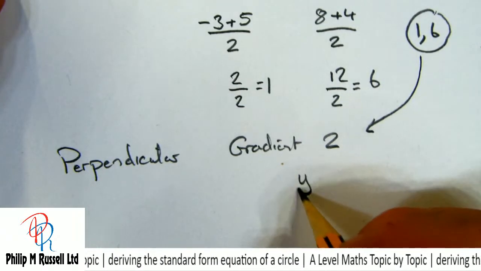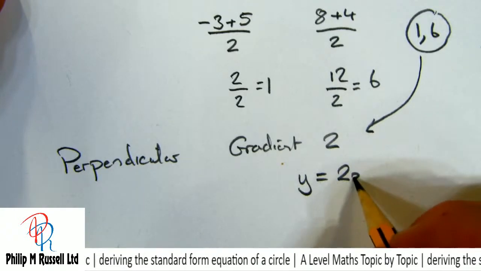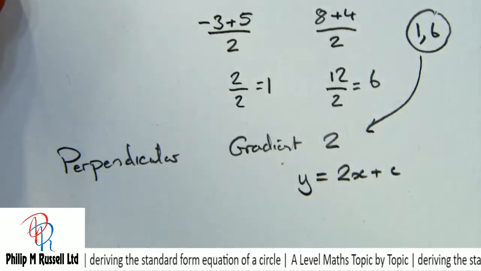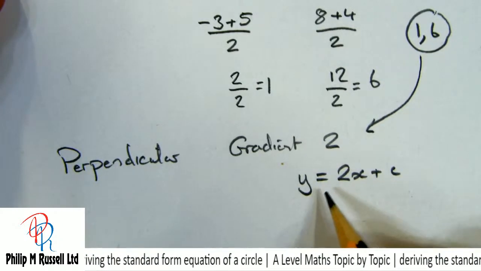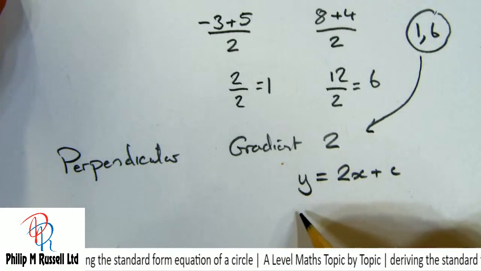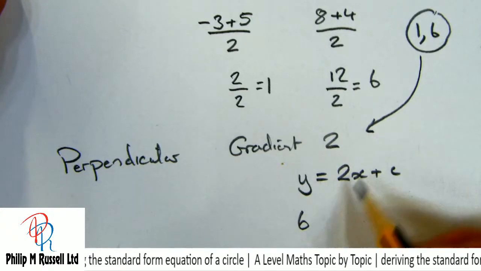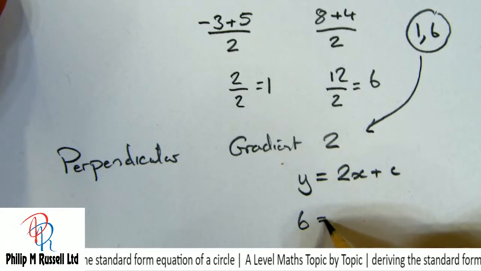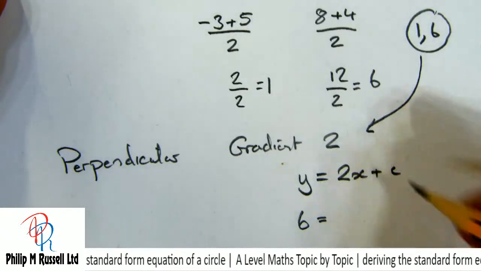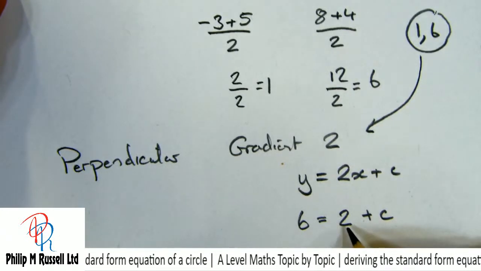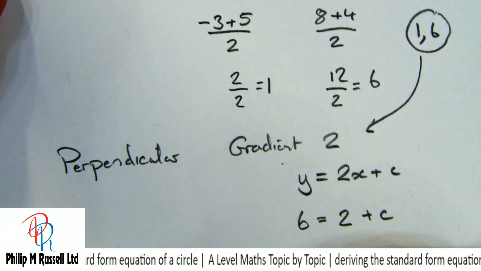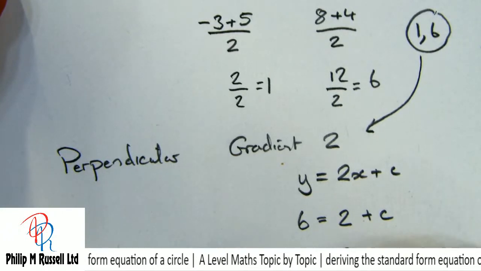So we've got our y equals 2x plus c, going through those points. Various ways of working this out, but one of the easiest ways is just to substitute in those numbers. So 6 equals 1 times 2 is 2 plus c. So here c is going to equal 4.